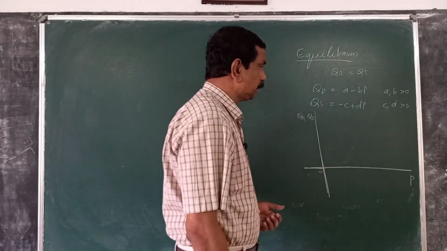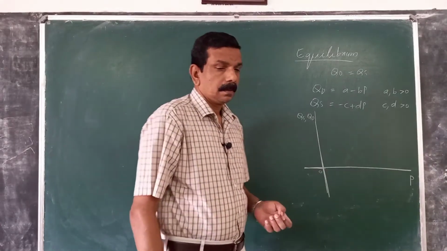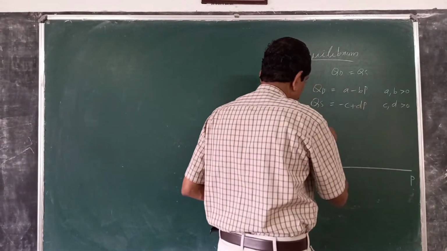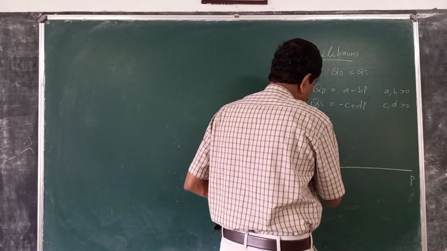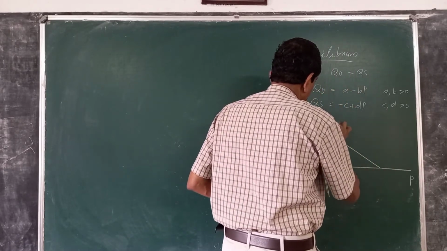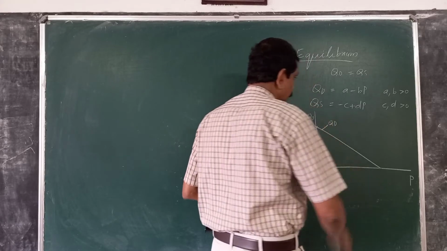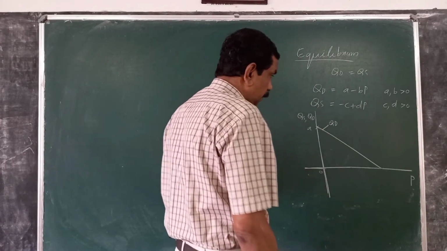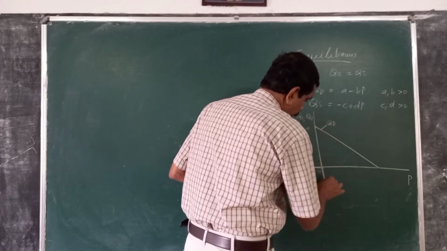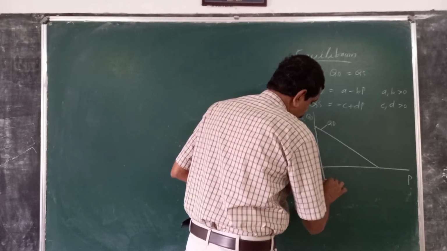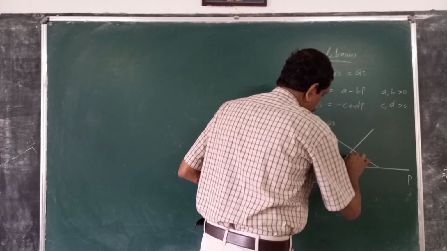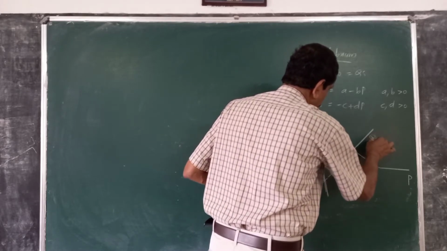Now, A is the y-intercept, and this is the demand curve, QD. And minus C is the y-intercept here. So, this is minus C.